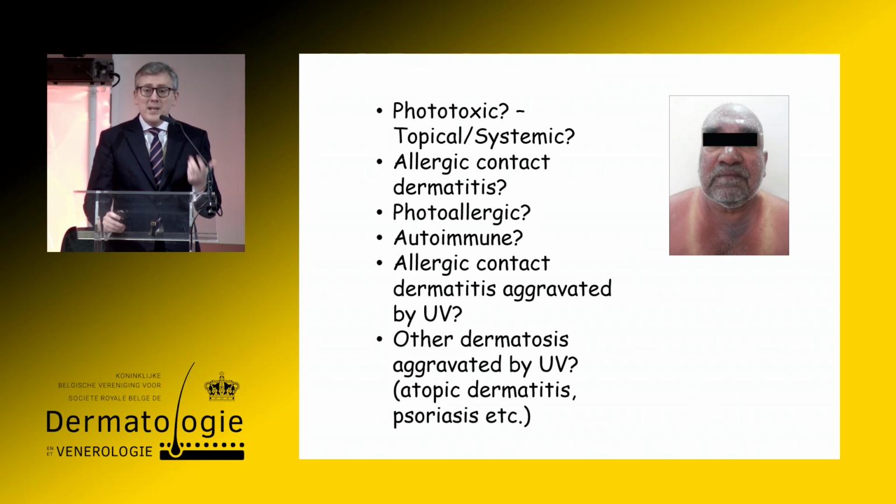There could be many possible reasons why the patient has developed this rash. Hopefully, at the end of the session today, you'll have a bit more of an understanding about phototoxic and photoallergic reactions and how, in many cases, we can distinguish these by clinical means, by the history and examination. And, of course, sometimes we need to do tests as well.